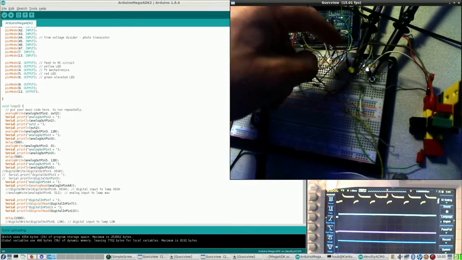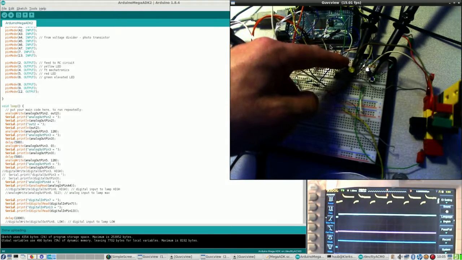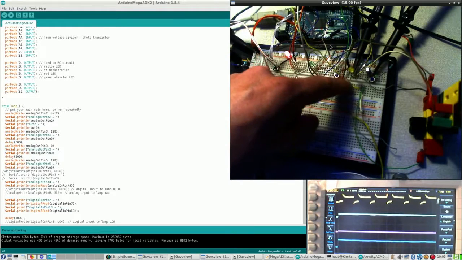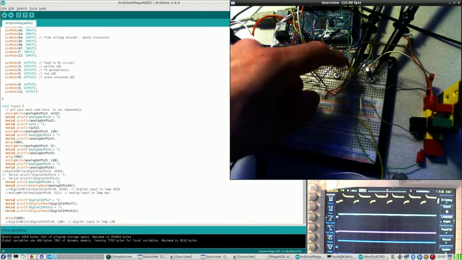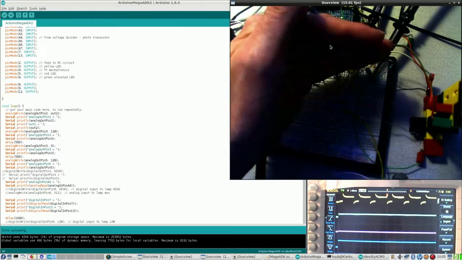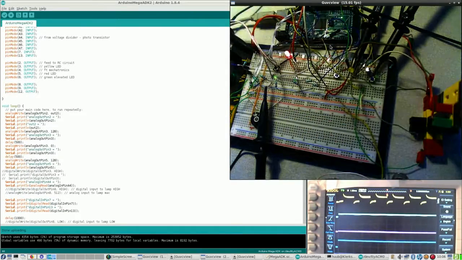So this one is being controlled by this one, and that is 3. And it does not even go out.